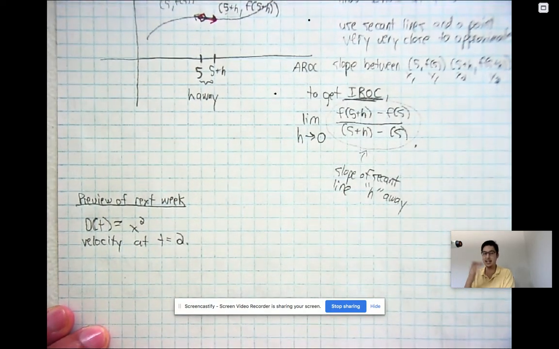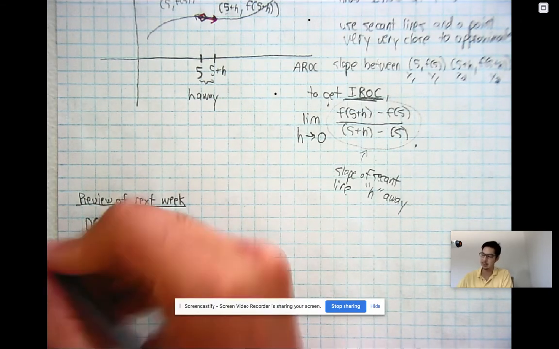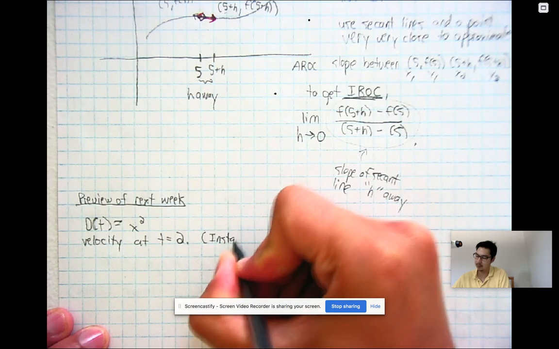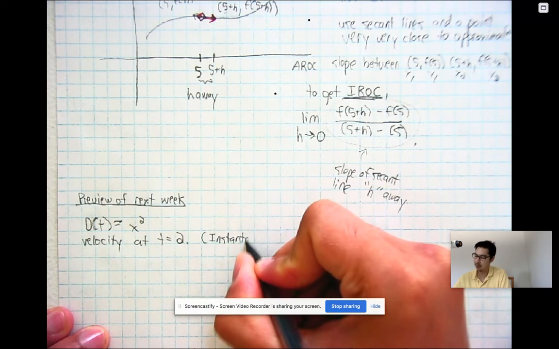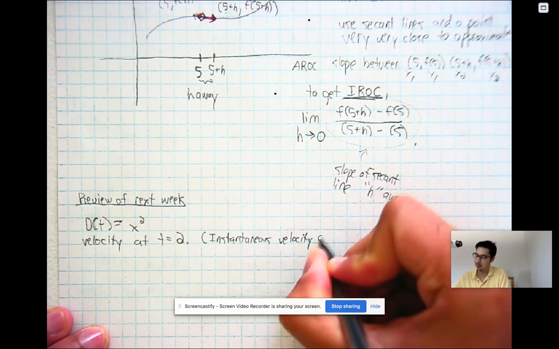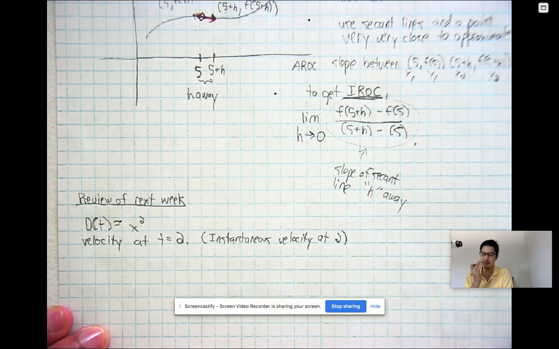Not the average velocity, I want the velocity at t equals 2, which is the instantaneous velocity at 2. Not the average rate of change from 0 to 2.